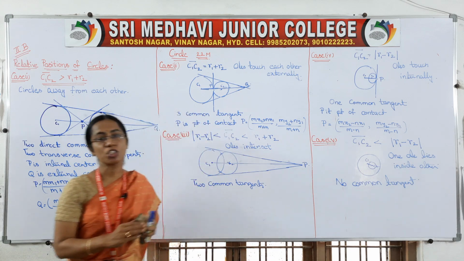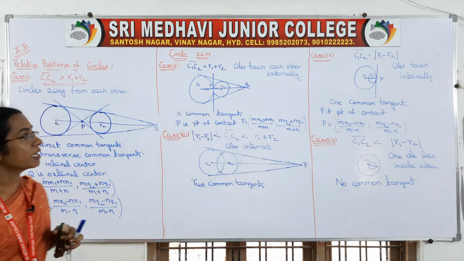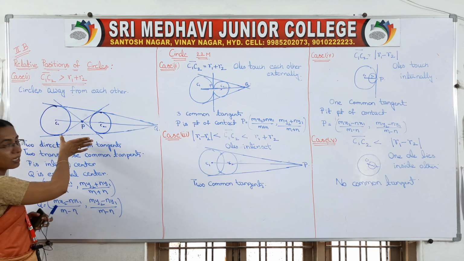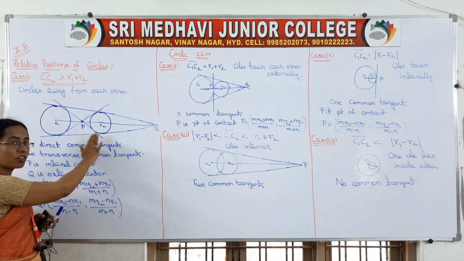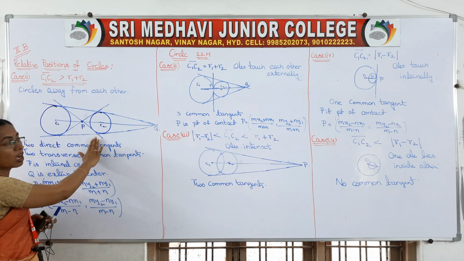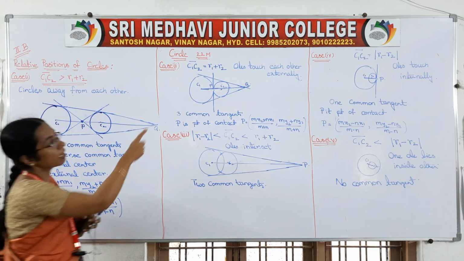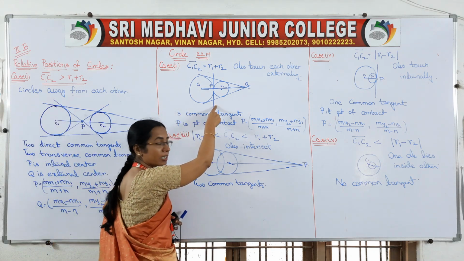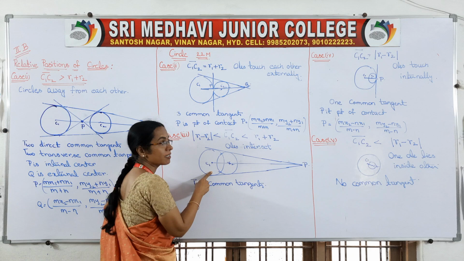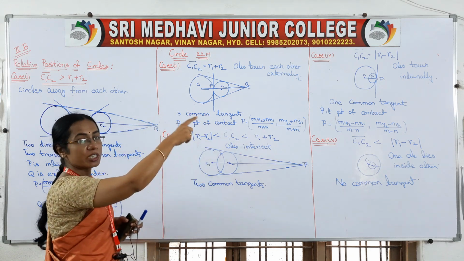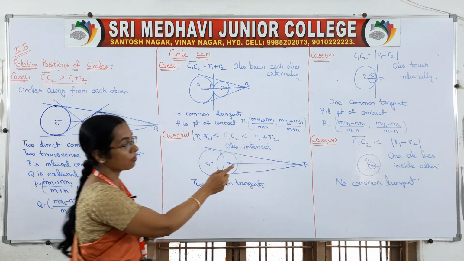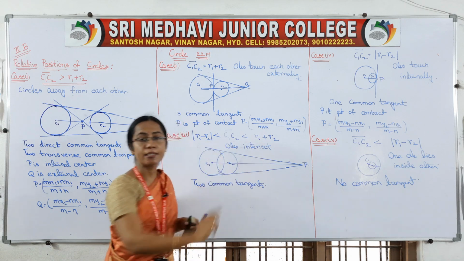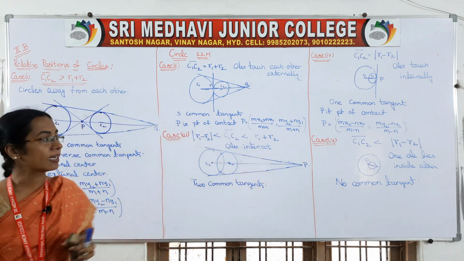So, relative position of circles means here we are discussing whether the circles are away from each other, that means do not touch each other, or touch each other externally, or intersecting, or touch each other internally, or one circle lies inside the other circle.